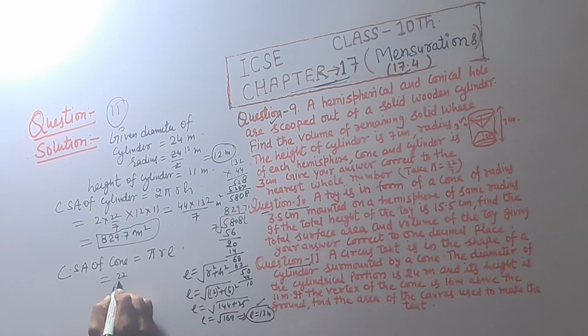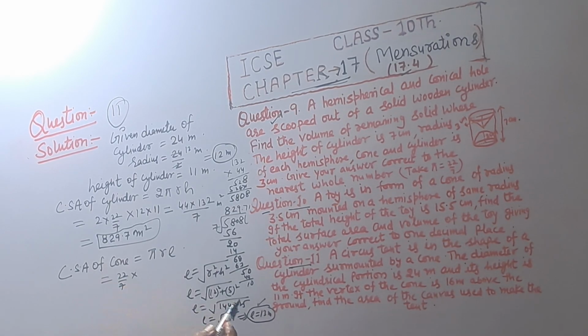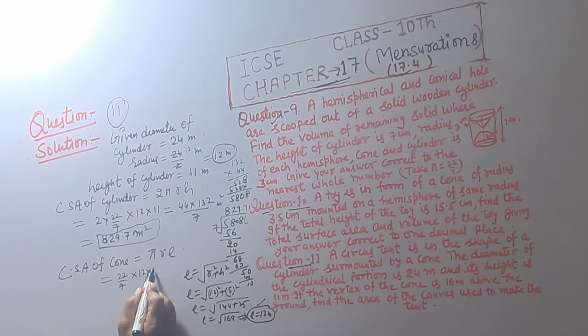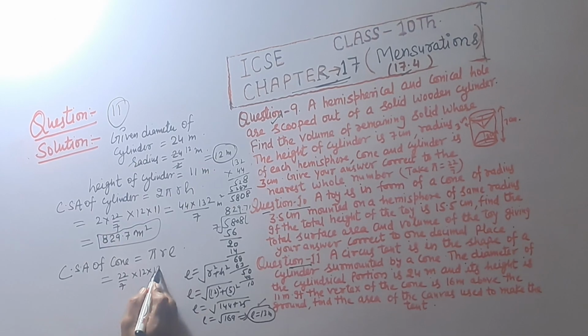So pi is 22 upon 7 into radius 12 and slant height 13.